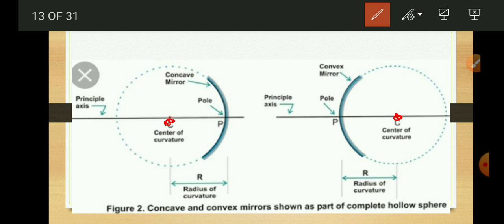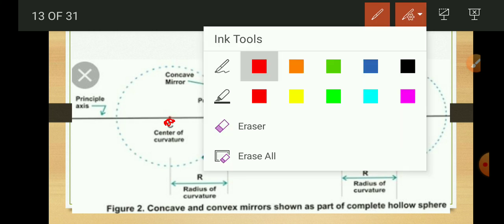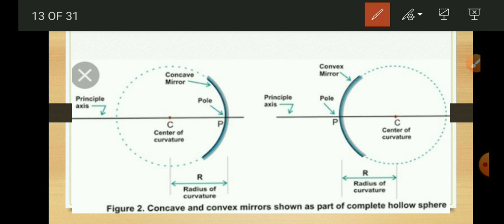The center of curvature is not a part of the mirror. We can see in this diagram, it is not a part of the mirror. It lies outside its reflecting surface. It is denoted by the capital letter C. The center of curvature of a concave mirror lies in front of the mirror.